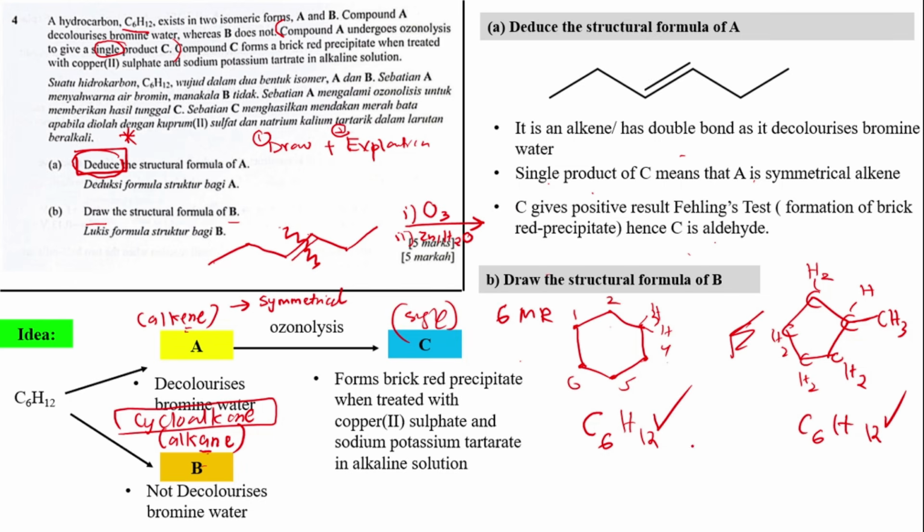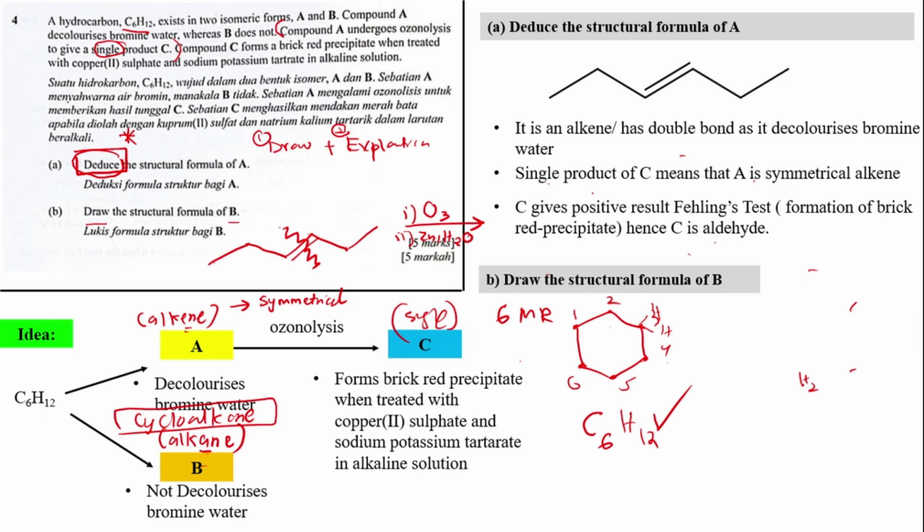Or you can also make a 4-membered ring or 3-membered ring. So the answer here can be a lot of possibility. Boleh ada banyak jawapan lah. So you can draw any of those. So I'm gonna write down the answer properly.